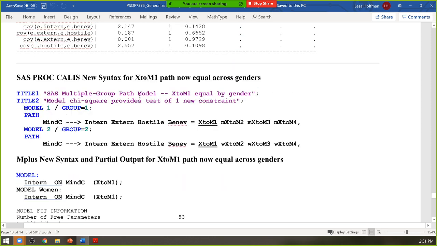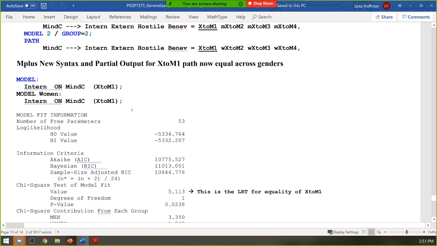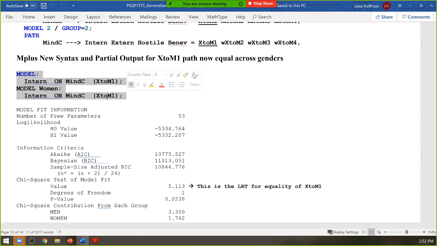I didn't know how to do that at the time when I did this work. So what I ended up doing is a million versions of the model in which one path was constrained. So for instance, I'm testing whether or not the X to M1 path varies across genders right here by taking off the labels that are gender specific and using the same label for both, which creates a constraint.